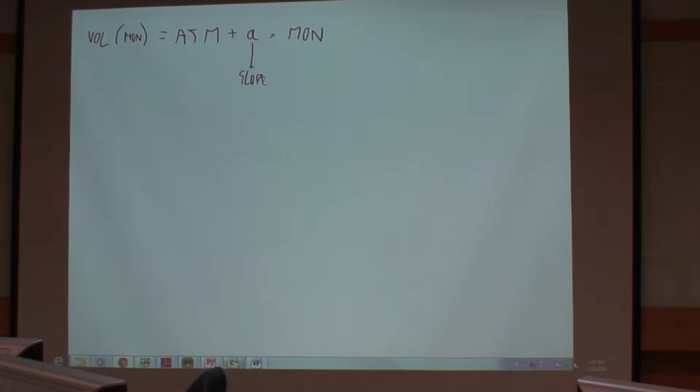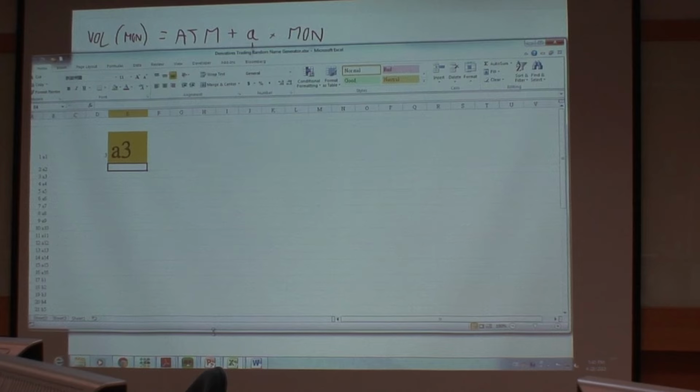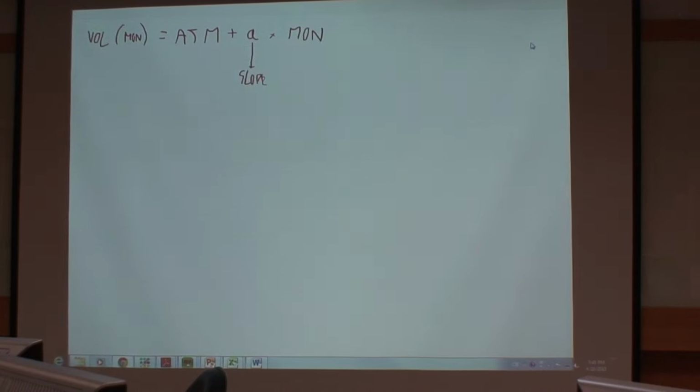Ask a volunteer. I know that I want options with a negative moneyness to have a higher volatility, and options with a positive moneyness to have a lower volatility. So is that number A a positive or negative value?